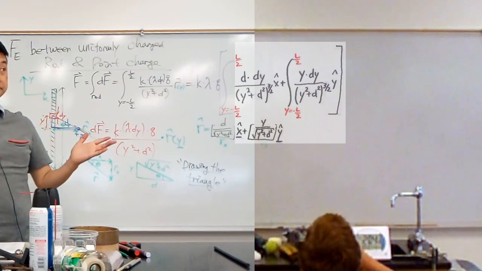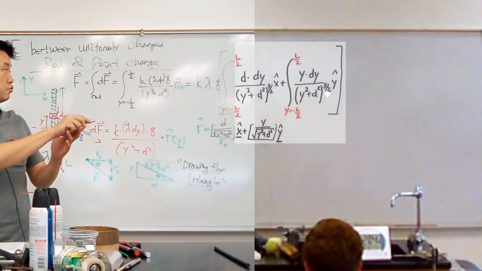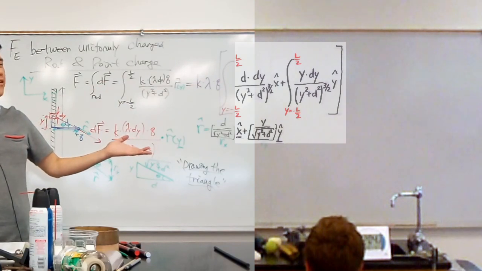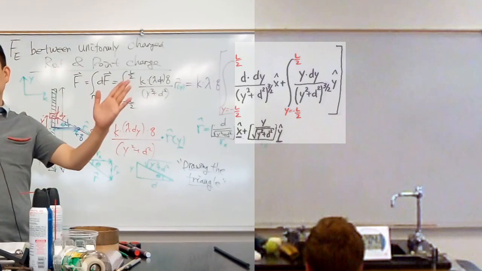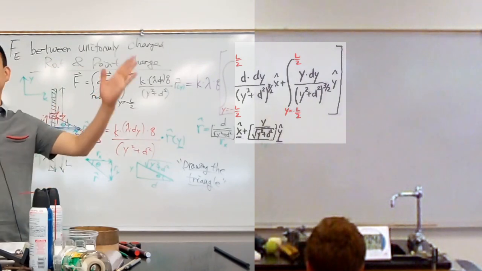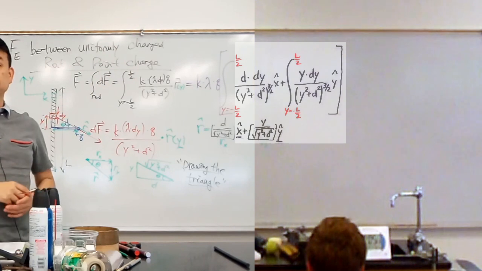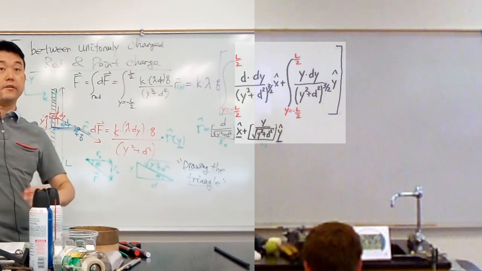Odd? Right? Because the denominator is even and the numerator is odd, so it must be odd overall. What do you get if you integrate an odd function over a symmetric interval, from minus something to positive the same quantity? 0. Area under the curve cancels out area over the curve.